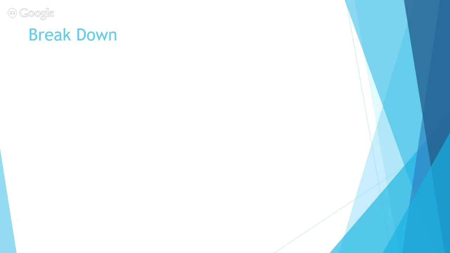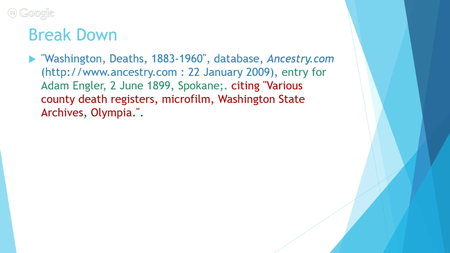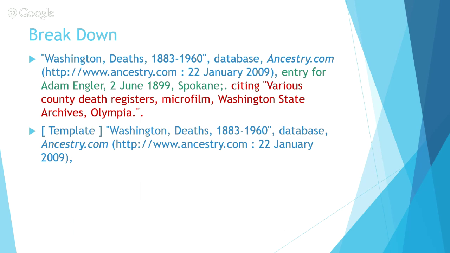Okay, so let's break this reference note down a little bit so you can see where stuff came from and where it ends up. There is the full reference note. Now I color coded it on the screen so that I could show you where stuff came from. The blue came from the template feature.